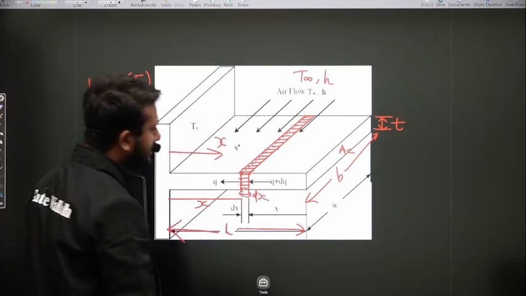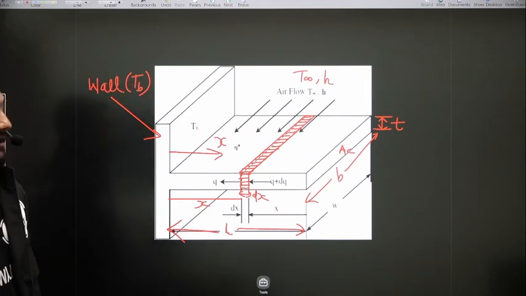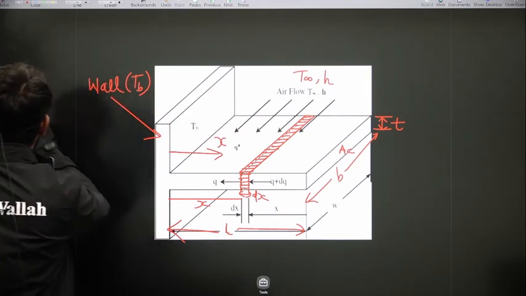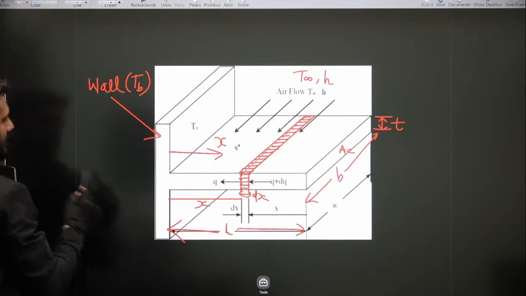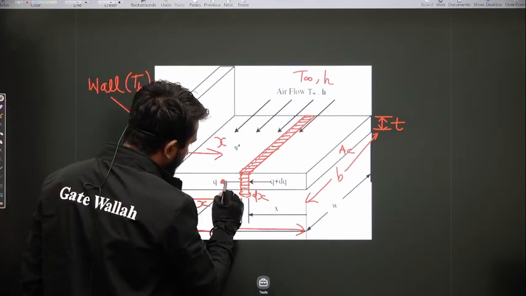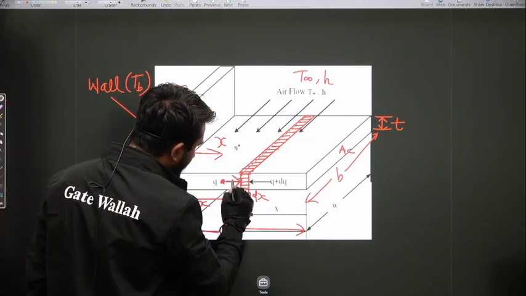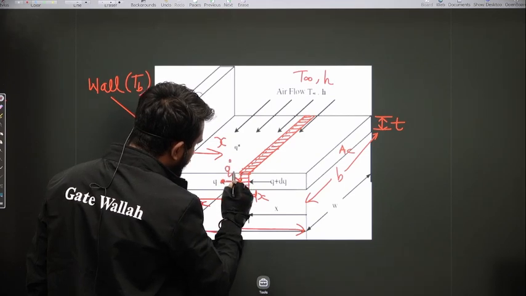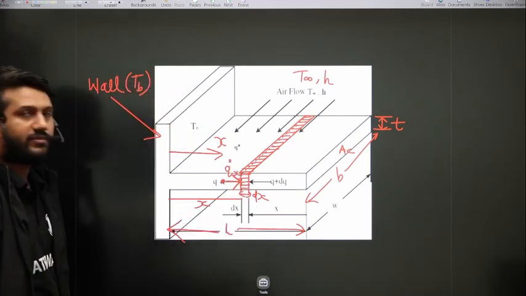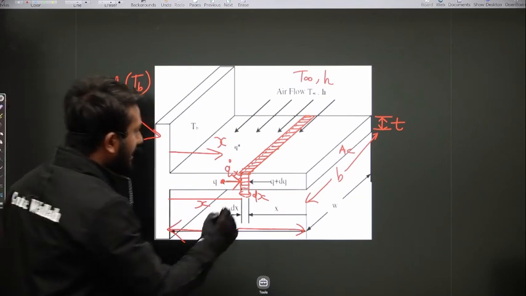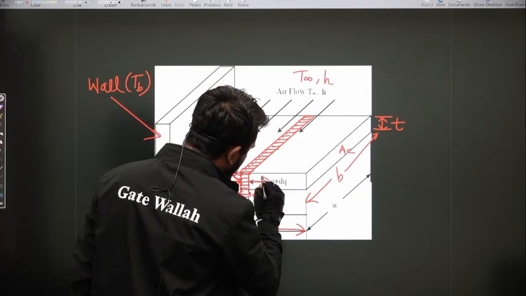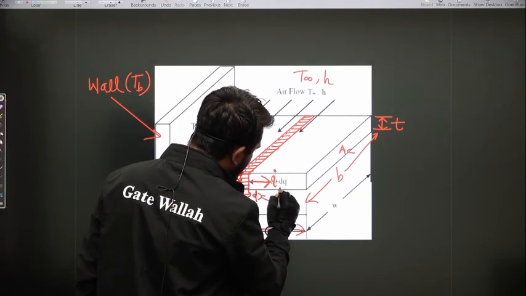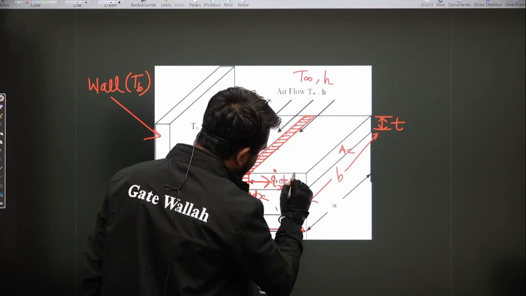Here the direction is like this. The conduction heat transfer into this small element is q dot x, and from this face it is q dot x plus dx.